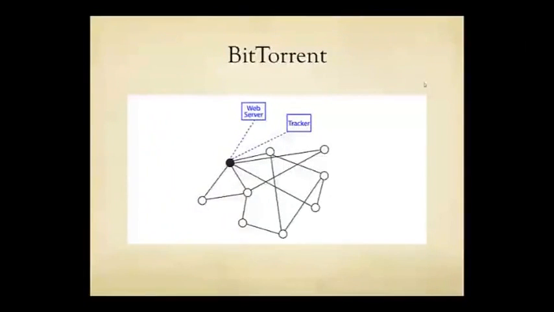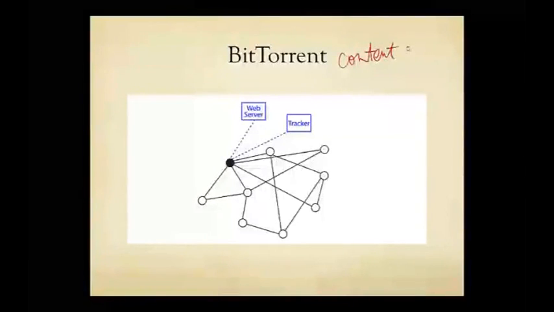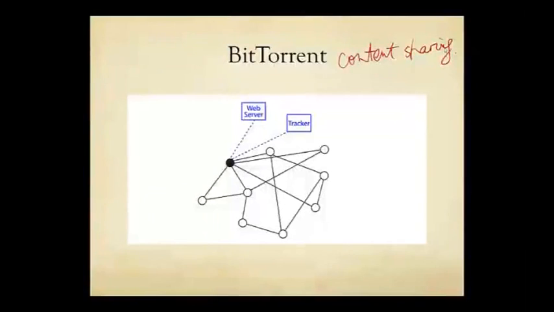Now, BitTorrent, in contrast, uses P2P not just for connectivity discovery, but for actual content sharing. So a typical BitTorrent graph may look like this. This black dot is a BitTorrent machine, say your machine, and it would like to engage in a torrent.